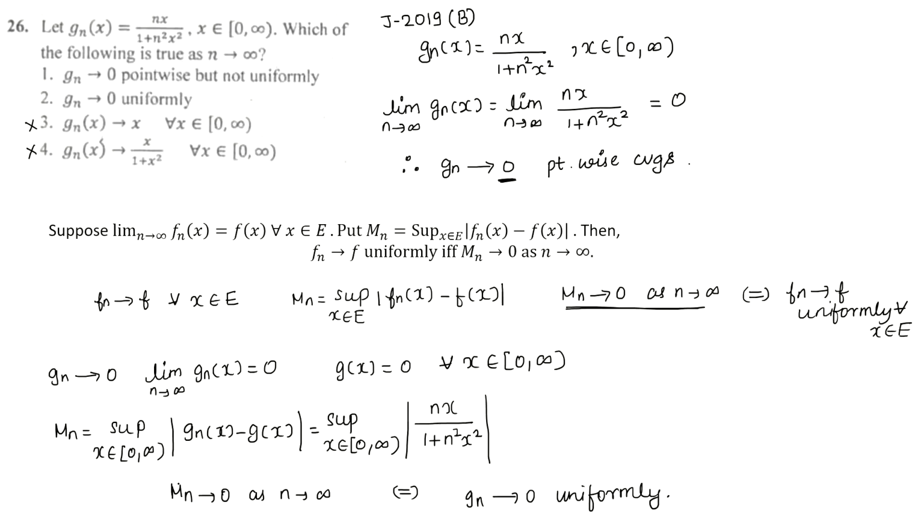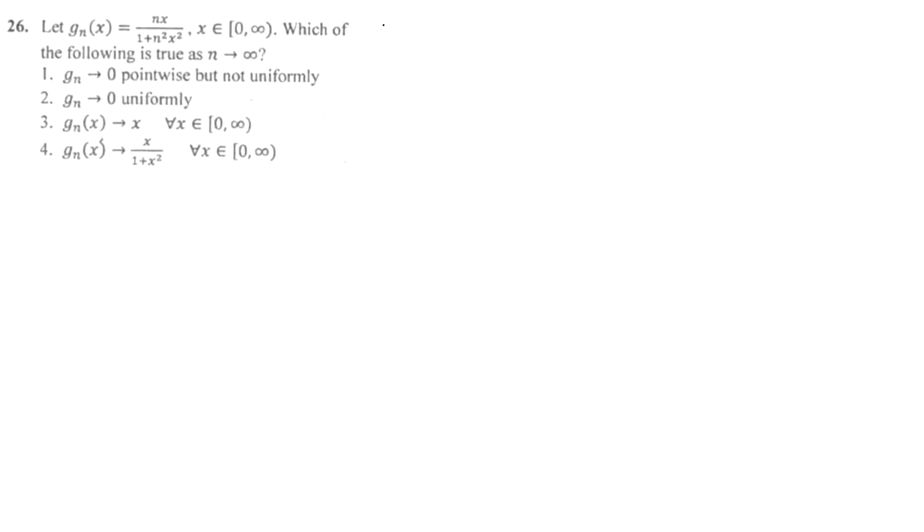That is, if we are able to determine the limit at which Mn is converging as n is tending to infinity, and if the limit is equal to 0, then the convergence of Gn will be uniform convergence. So for this, now we have to determine what is Mn. So Mn is equal to supremum over x belongs to closed interval 0 to open infinity of mod nx by 1 plus n square x square.